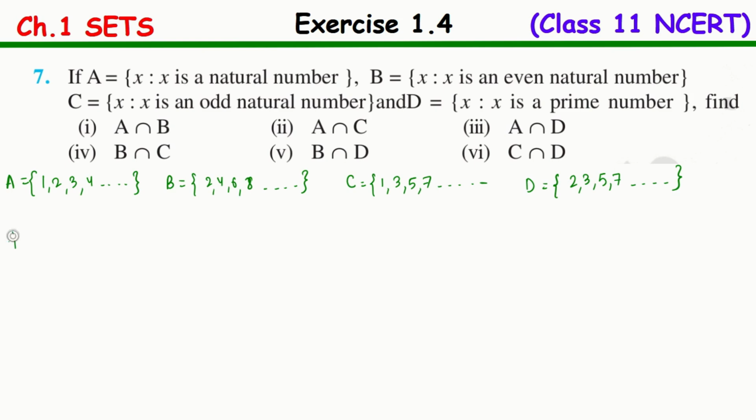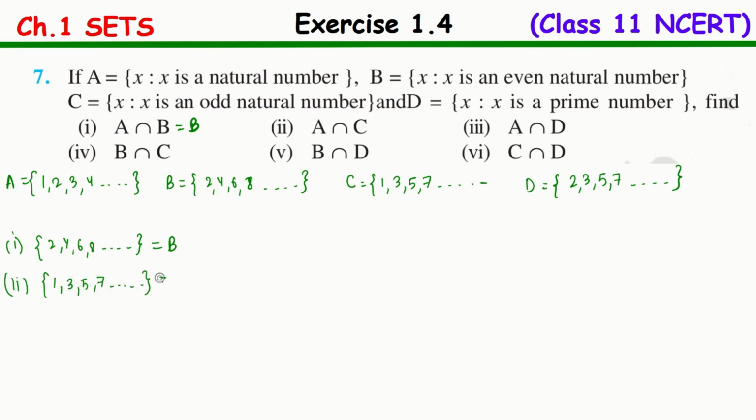The first part says that we have to find the common elements of A and B. So the common elements are 2, 4, 6, 8 and so on. So what is this set? This is nothing but the set B. Then second, we have to find the common elements of A and C. For A and C it is 1, 3, 5 and 7 like this.